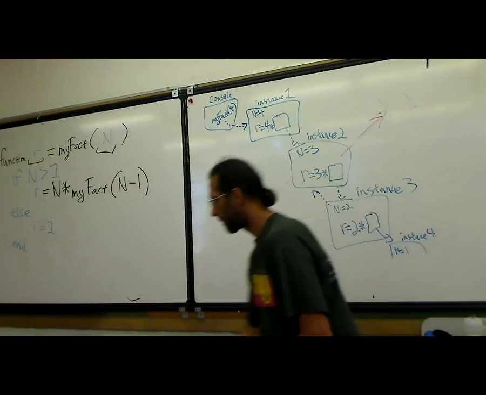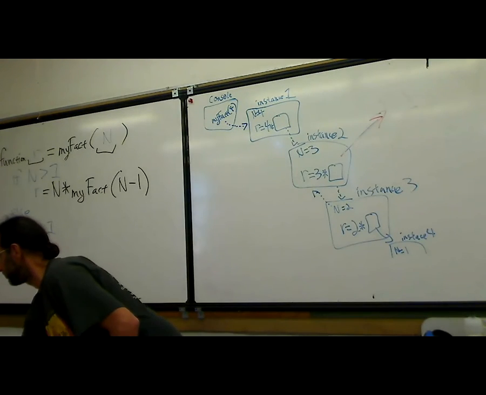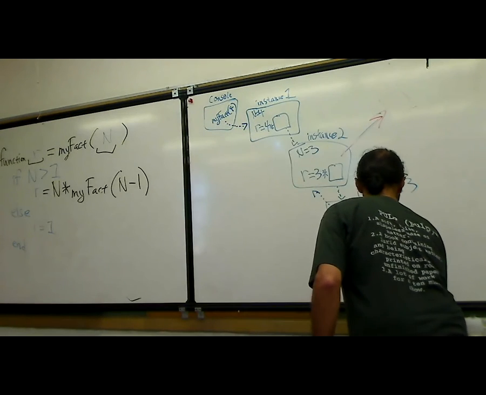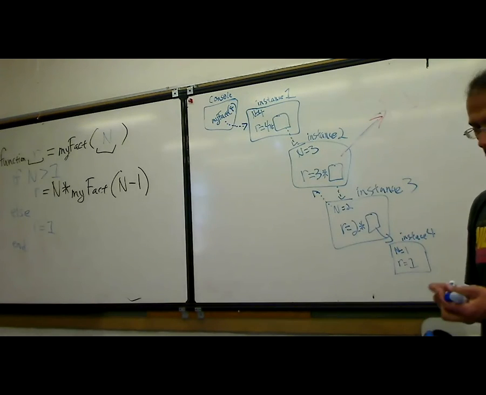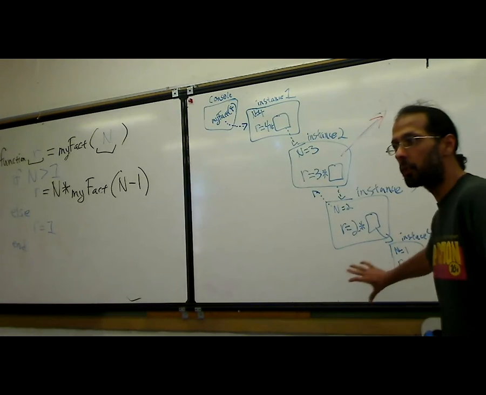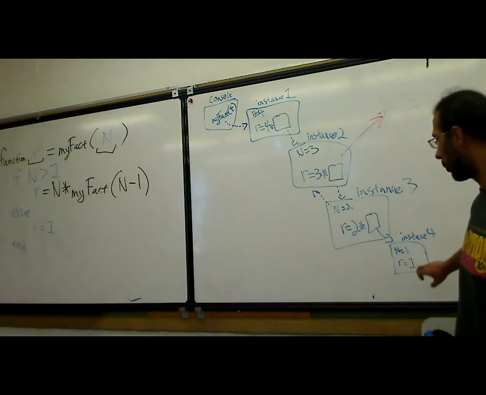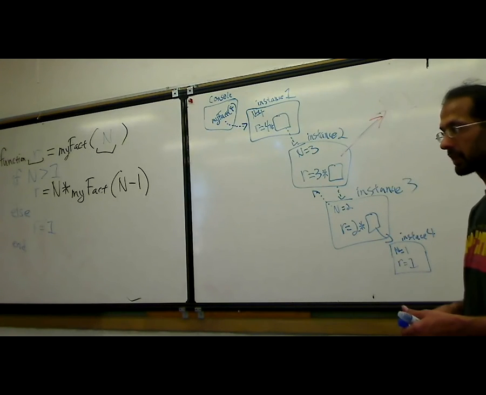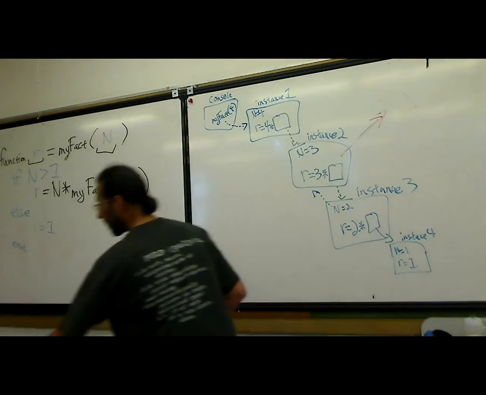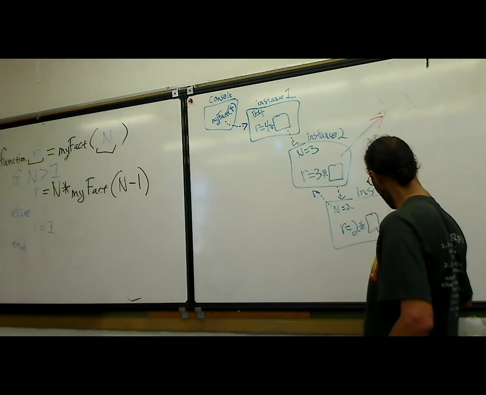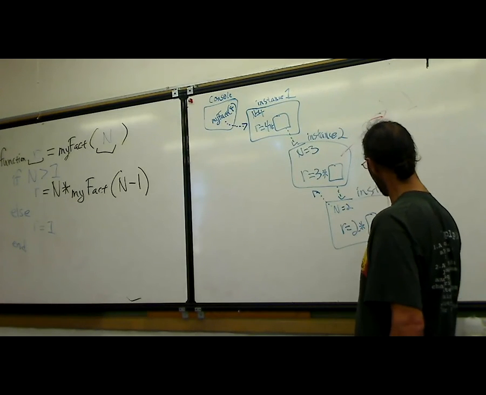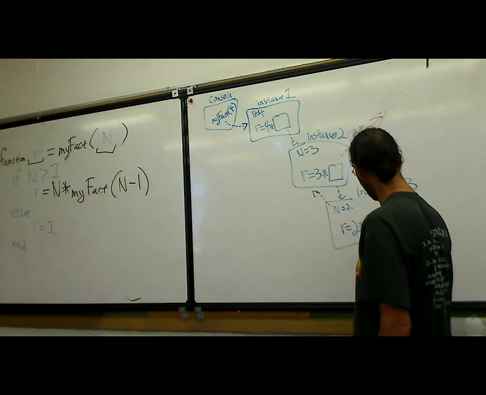So let's fill that in. R equals 1. This instance 4 finishes, completes. What happens to that R equals 1? Where's it going? You return it to instance 3. Exactly. This R equals 1 is the result of this call to myFact, so it goes here.